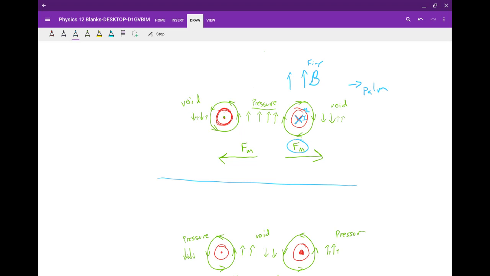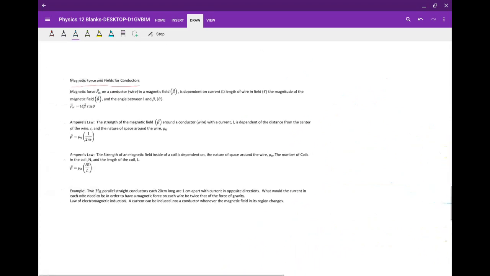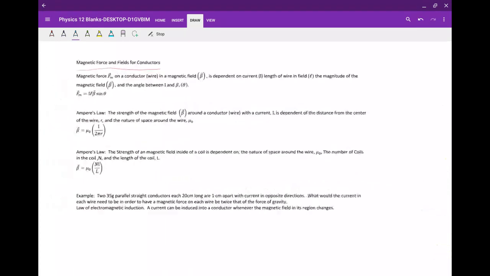That's how you can figure out that this works, because it follows the right hand rules, right? That's not an explanation. The explanation is more about sort of these pressures and voids here and things like that. Okay. Anyway, so that being said, let's do a few things here.